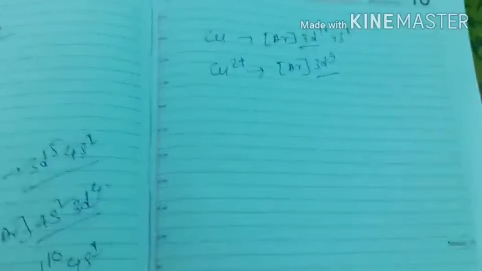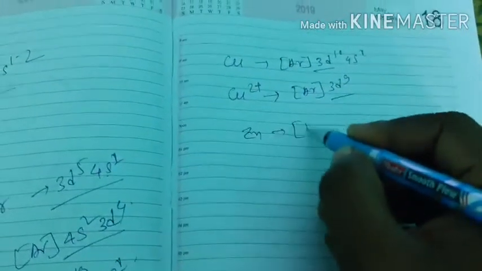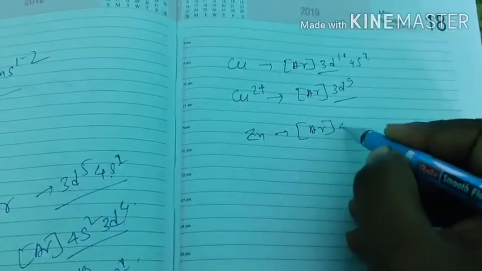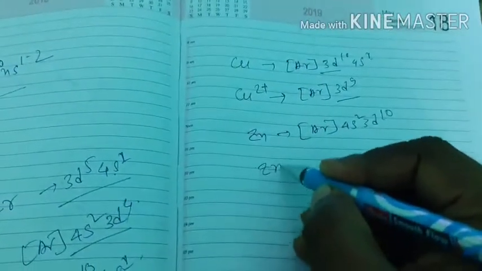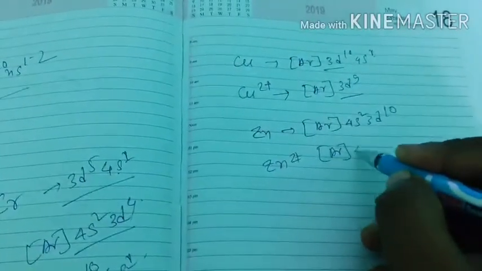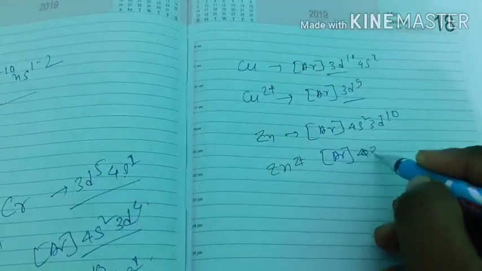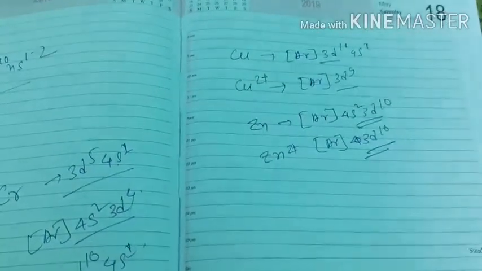But zinc is not considered a transition element in the true sense, because zinc has the electronic configuration argon 4s2 3d10. Its stable oxidation state also has the electronic configuration argon 3d10, so in both cases the d orbital is completely filled.